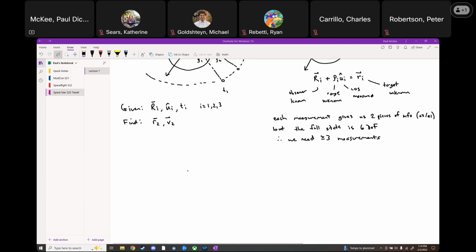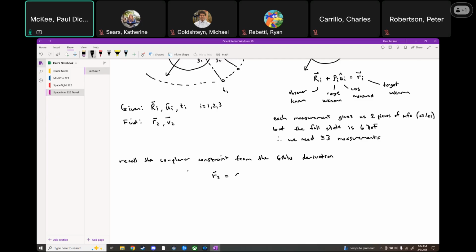Okay, so I'm going to move this briefly here. All right, so let's get into the math. Recall the coplanar constraint from the Gibbs derivation. The second position must be some linear combination of the first position and the third position, where C1 and C3 are unknown, but those are in theory things we can solve for.